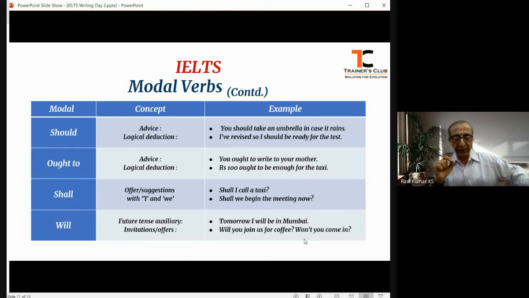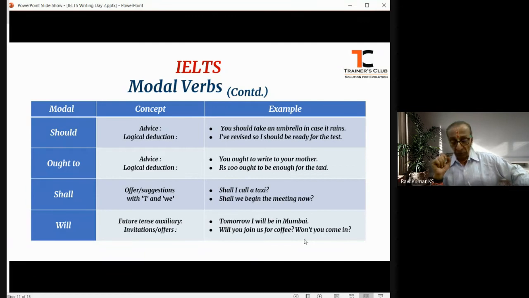If you are making a sentence in the future tense where the subject is either first person, I or we, whether singular or plural, then shall is the grammatically right word to be used to make the future tense.